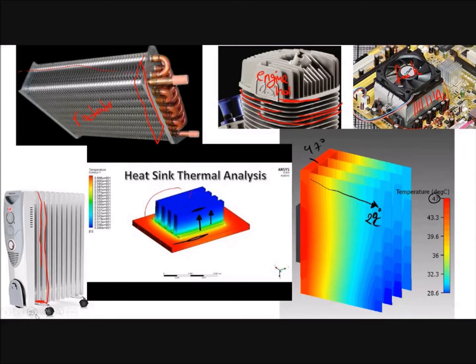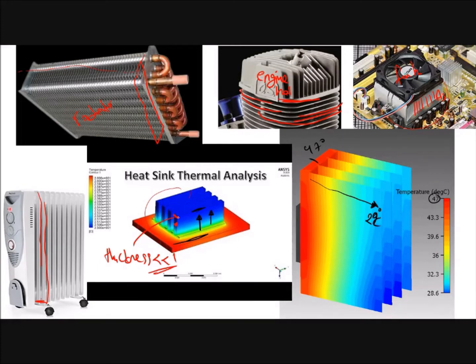Why doesn't the heat leave the base in the transverse direction, for example, in that direction? Because the thickness here is very small. If it is very small, then we can say that the temperature here and at the back of the fin are almost the same.